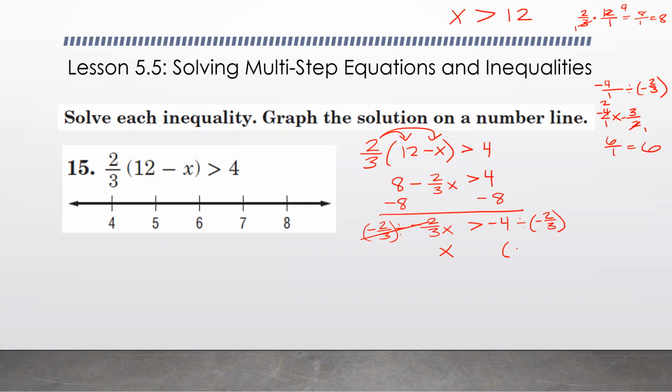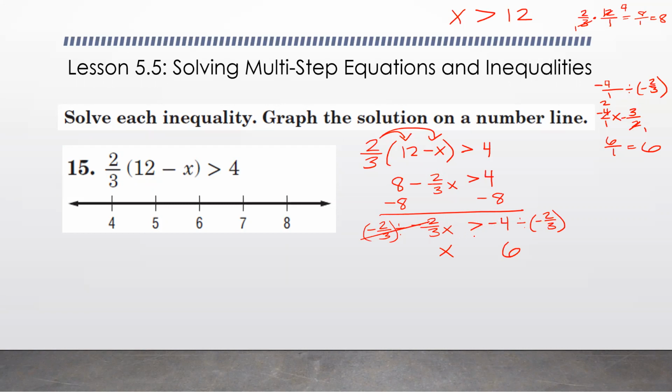Okay, so now the big difference between solving an equation and solving an inequality is that if you multiply or divide both sides of your inequality, you have to flip the direction of the inequality, okay, in order for it to be true.